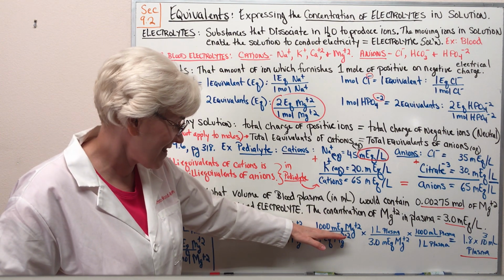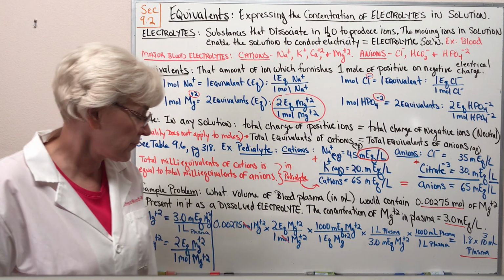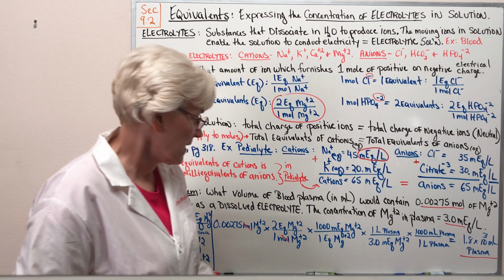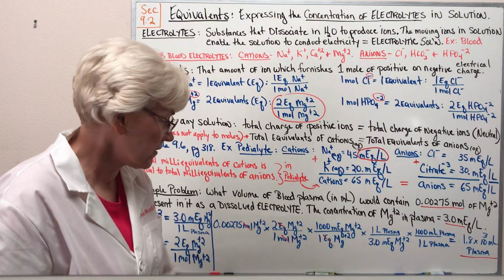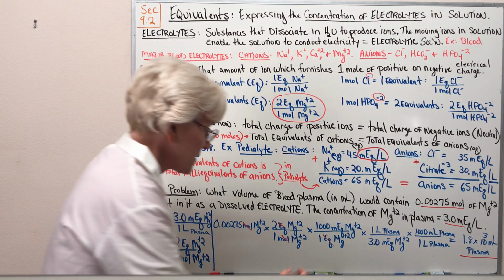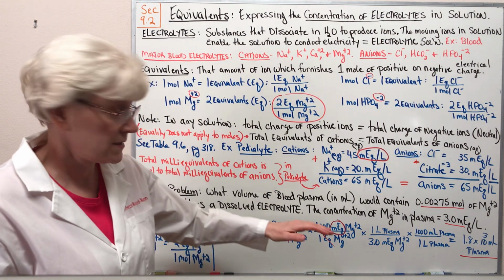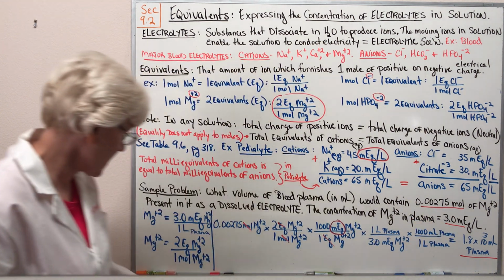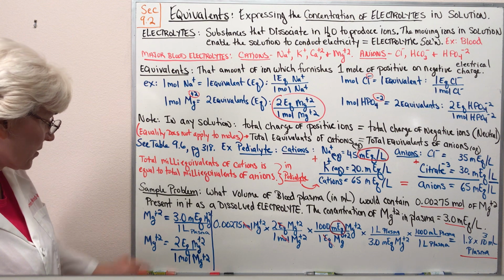Therefore, there are 1,000 milliequivalents of magnesium ion present in 1 equivalent of magnesium. So if we stop our problem right now, our equivalents of magnesium cancel, and we are left with milliequivalents of magnesium. We're now ready to bring in our concentration and use it as a conversion factor.